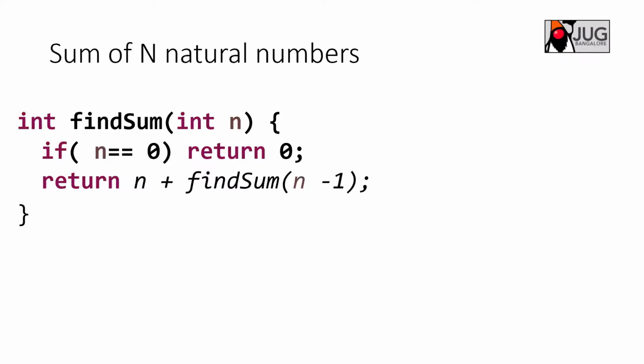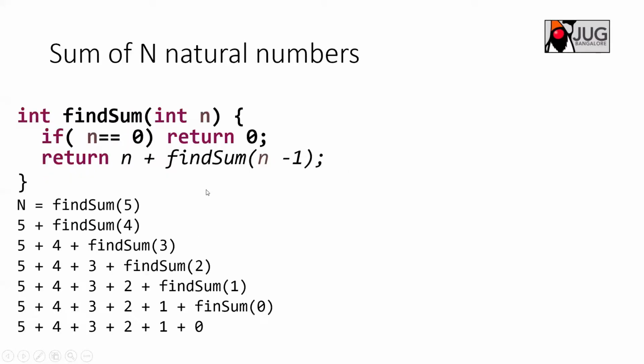How do you do it? You call n, and then you call the recursive function passing n minus 1. Basically 10 is added to the recursive of 9, passing 9 as the next n value.